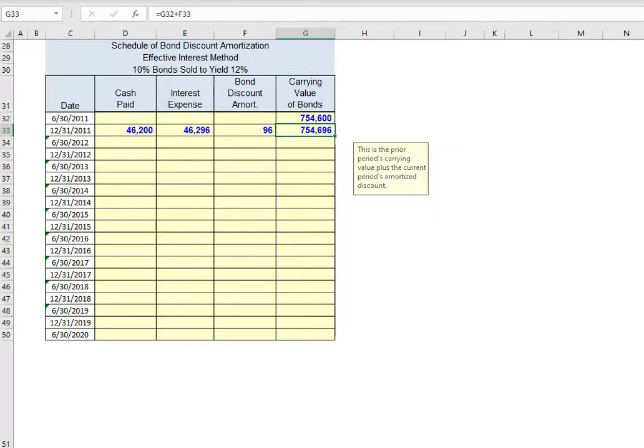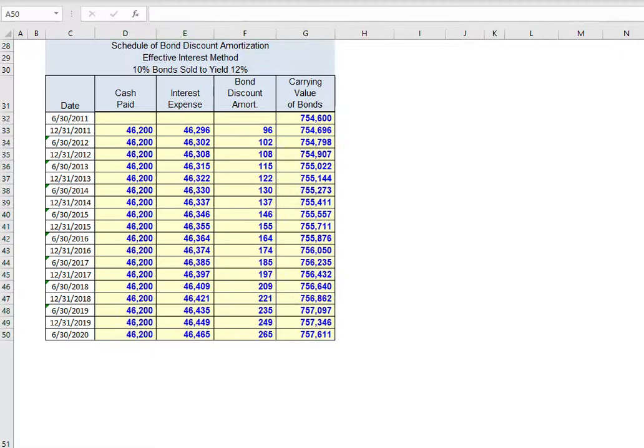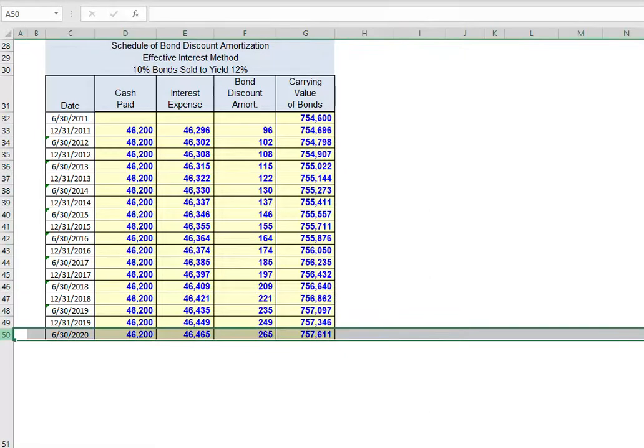At the end of the first 6 months, the carrying value will be $754,696. If you've used proper anchoring, you'll be able to copy that row all the way down your amortization table and get the entries and balances we need as of June 30, 2020, when we retire the bonds.